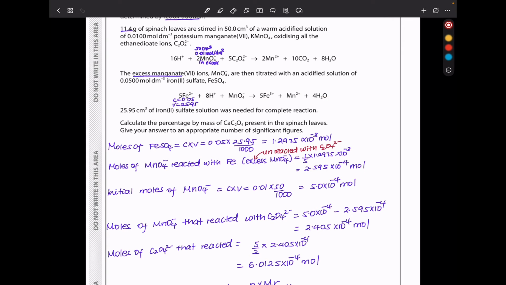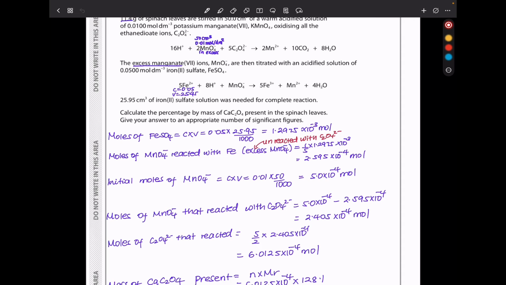They say 25.95 centimeters cubed of iron(II) sulfate solution was needed for complete reaction. Calculate the percentage by mass of calcium ethanedioate present in the spinach leaves and give your answer to an appropriate number of significant figures. So I began by calculating the number of moles of iron(II) sulfate because we can see this information here from the titration.